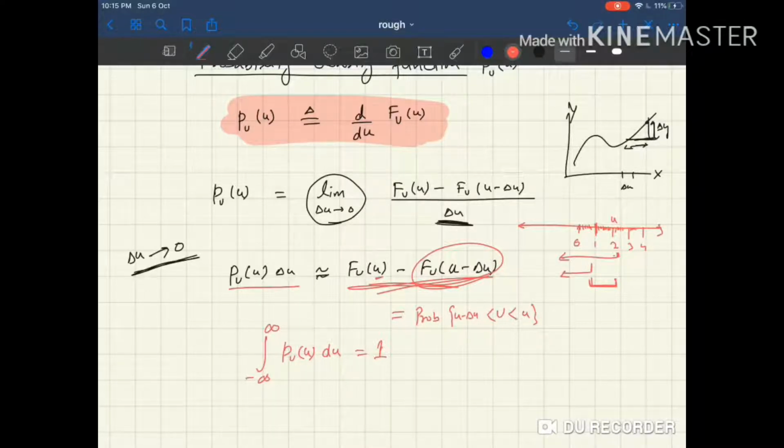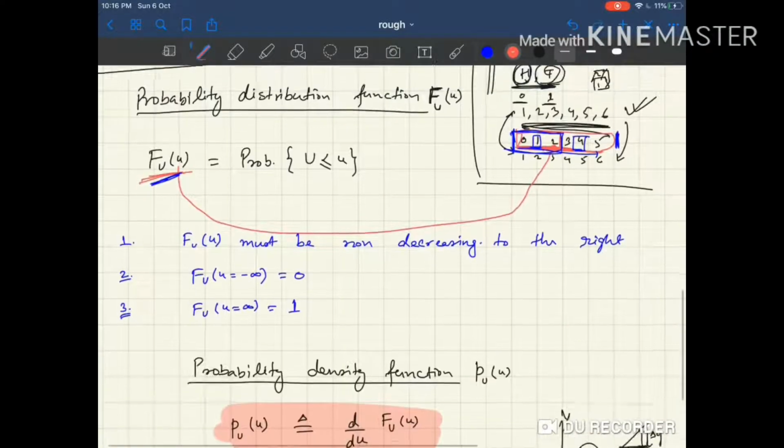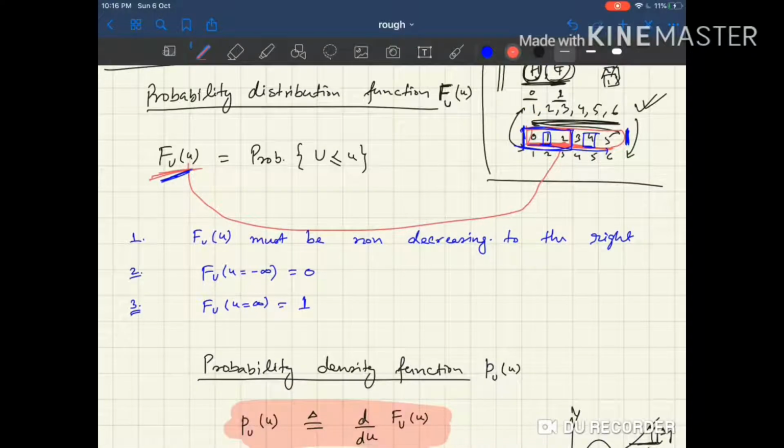See, this P_U(u) du gives you the probability of occurrence from u minus delta u to u. So it's a very small section of probability, the probability of occurrence in this region. So if you integrate, if you move here and here and here and add all the things, you should get a 1. That's the basic definition of probability you have studied earlier.